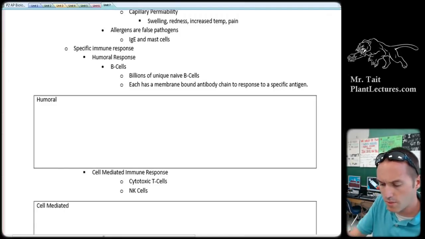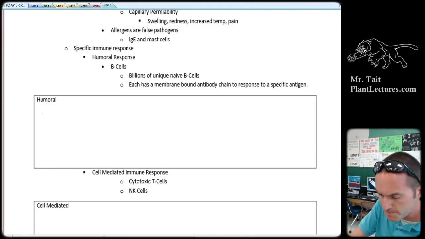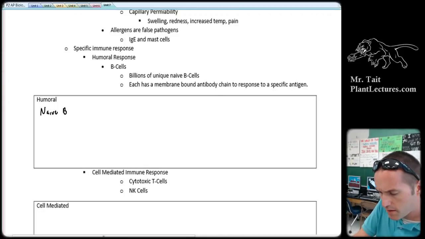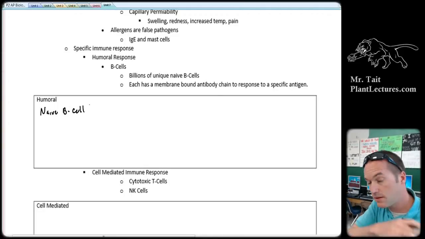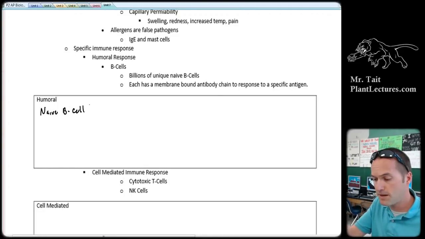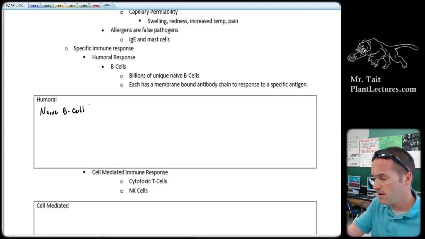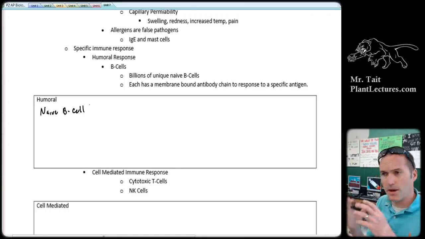And so we know we start out with a naive B cell, right? That naive B cell is one that has never seen an infection before, and so it's going to be checking for a specific type of antigen, and it's got antibodies on its surface.